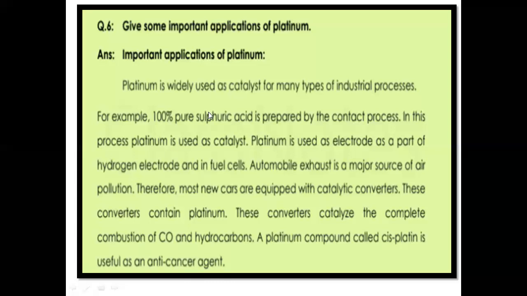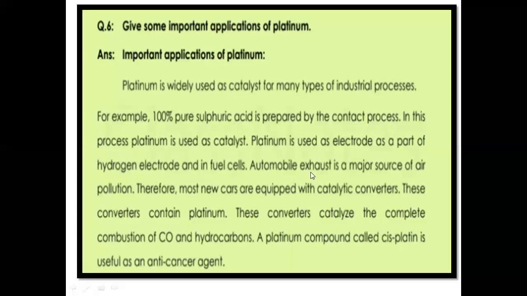So the first use of platinum is that it is used as a catalyst in industrial processes, especially for the preparation of sulfuric acid by contact process. Secondly, it is used as an electrode in the hydrogen electrode, and also in fuel cells.